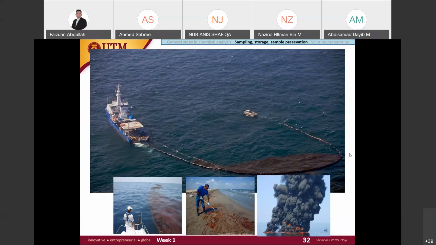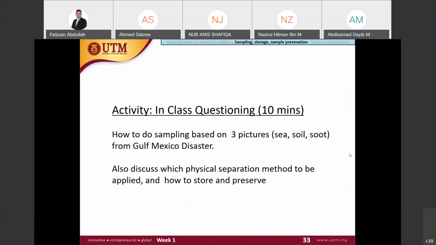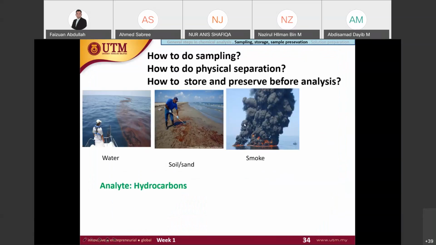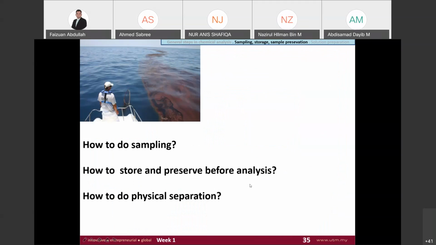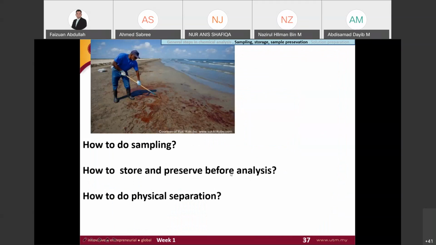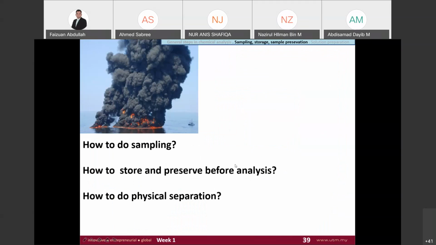So the samples are water, soil or sand, and smoke. Our analytes are hydrocarbons. We have discussed physical separation.